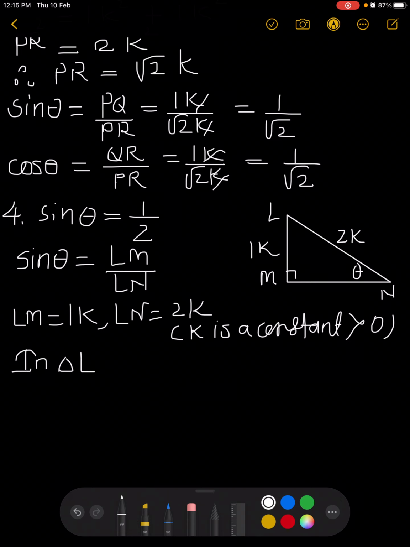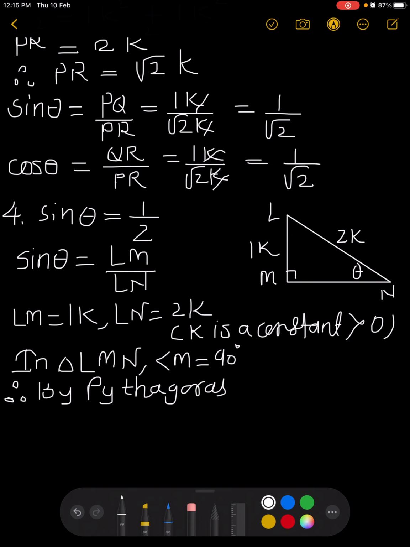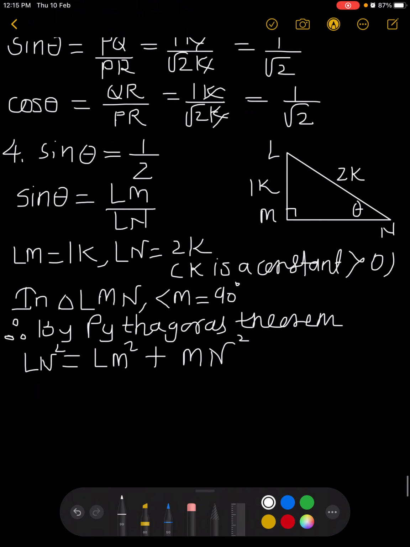In the given triangle LMN, M angle is a right angle. Therefore, by using Pythagoras theorem, we are going to write square of LN is equal to square of LM plus square of MN. LN is the hypotenuse, 2K is the number for hypotenuse.